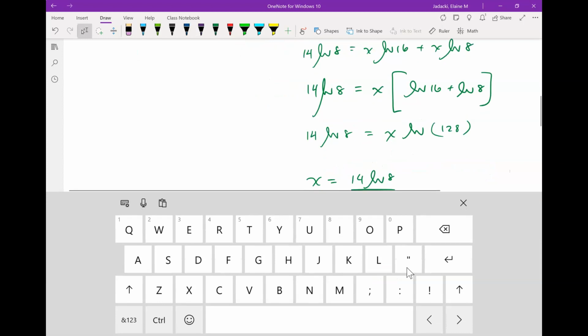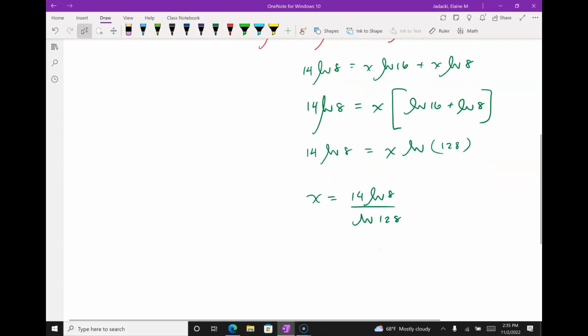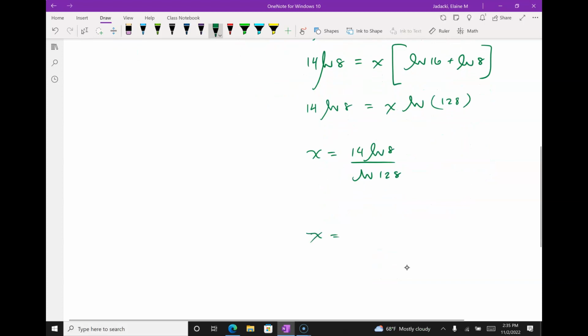Where can that 14 move? So I get ln of 8 to the 14th, which my calculator cannot handle.